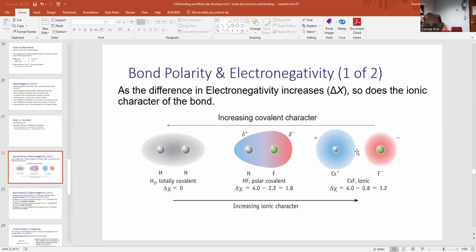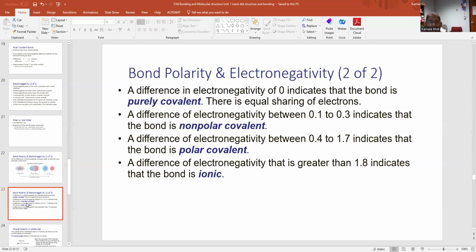For a polar covalent bond, the atom that is more electronegative will pull the electrons towards itself, and we find that the delta X difference is of a higher value. The higher the value, the greater the ionic nature. So always we subtract the cation electronegativity from the anion electronegativity, and this gives us a chance to describe the nature of the polarity of the bond.